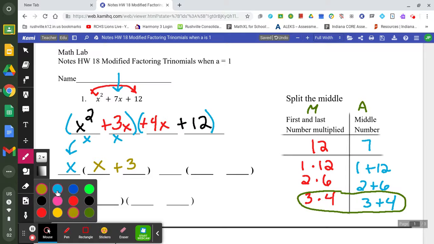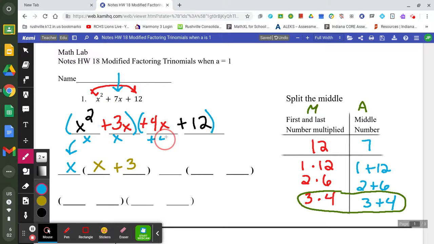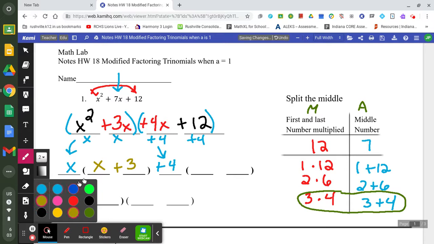And then I need to find the greatest common factor of these 2 terms, which is plus 4. I need to have a sign here, so plus 4. And then 4x divided by 4 is x. 12 divided by 4 is 3, and I need this to be plus 3.